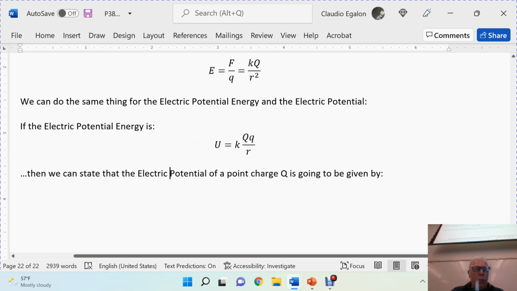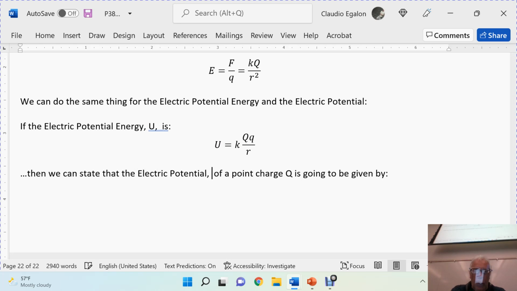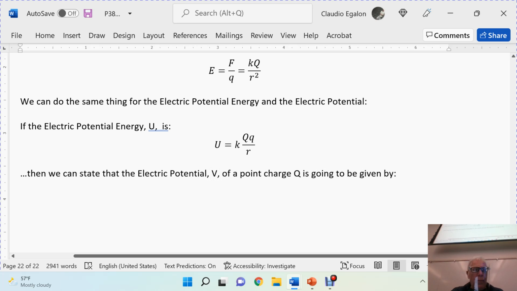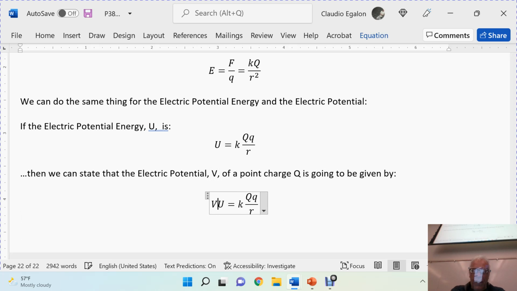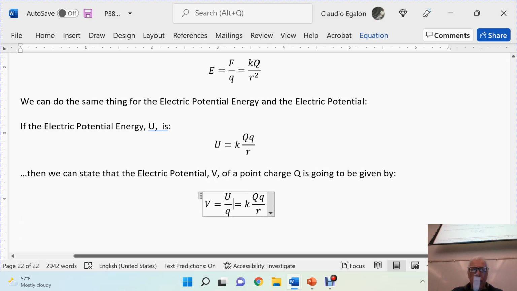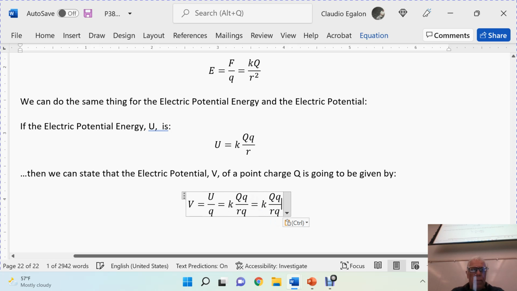And by the way, electric potential energy we denote by U, electric potential we denote by V. Be given by, here you go. And that's the one that's easier to measure with equipment out there.